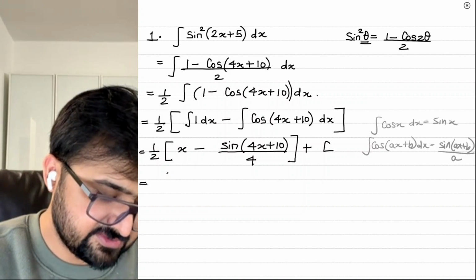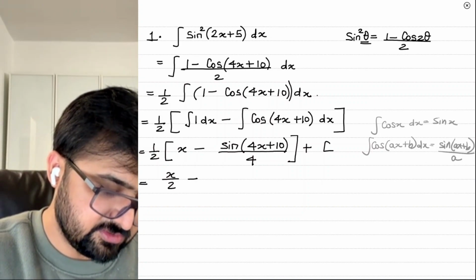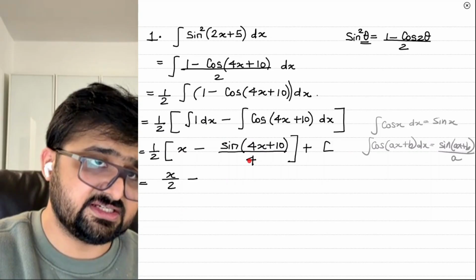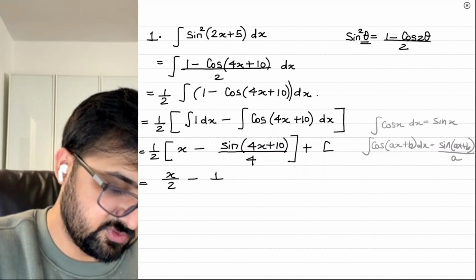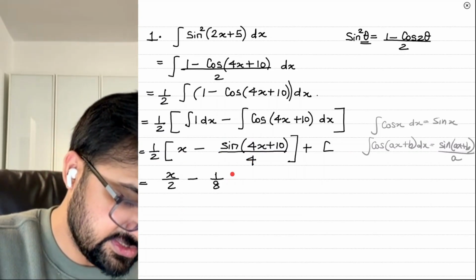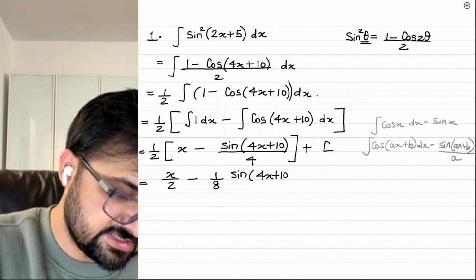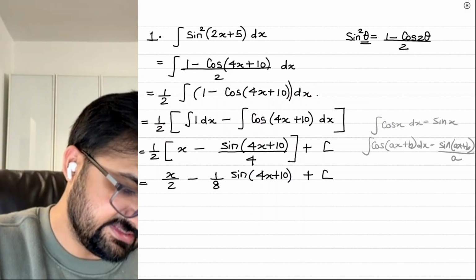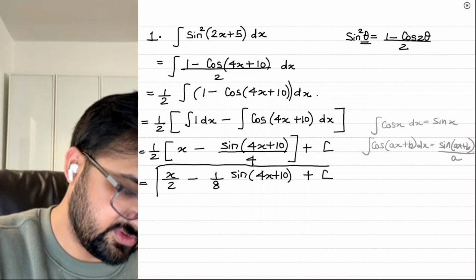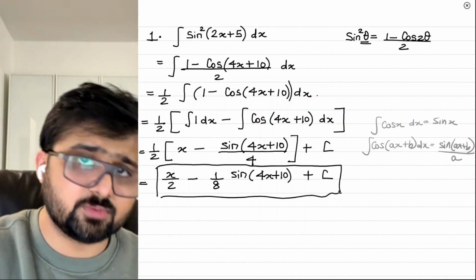So you get half times x, which is x by 2, minus half times 1 over 4, which is 1 over 8 sine (4x plus 10), plus c. That's the result of our integral. I hope that makes sense.